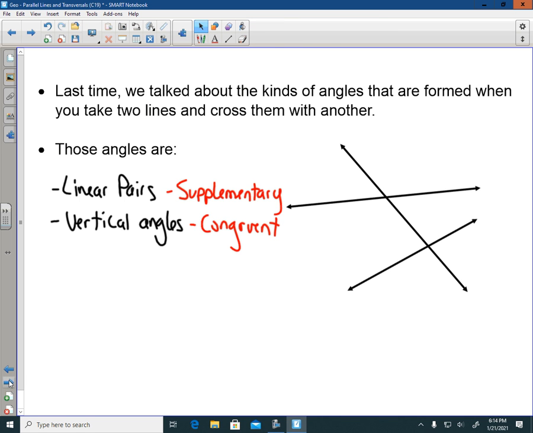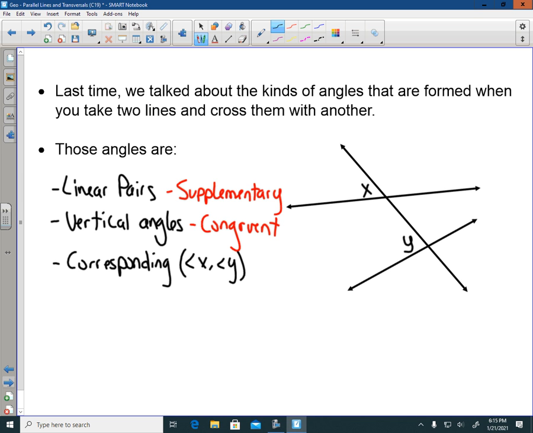But then last time we talked about other angles. We've got corresponding angles, like, I don't know, X and Y. Those are corresponding angles. How about I do this? Angle X and angle Y, for example. And then we also have consecutive interior. And let's see, Y and we'll call that one A. Angle A and angle Y are a classic consecutive interior.